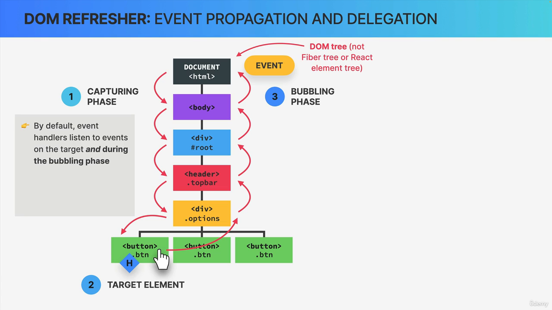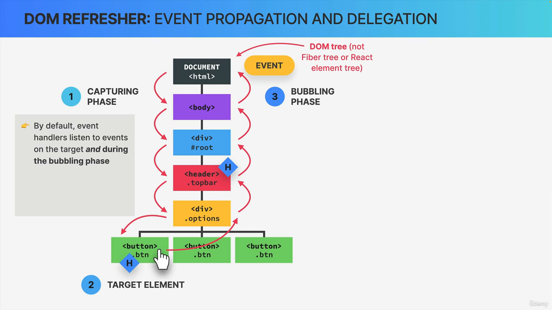So if we put these two things together, it means that every single event handler in a parent element will also be executed during the bubbling phase, as long as it's also listening for the same type of event. For example, if we added another click event handler to the header element, then during this whole process, both the handlers at the target and the header element would be executed when the click happens.